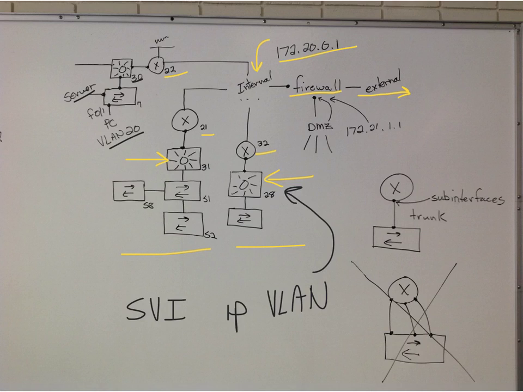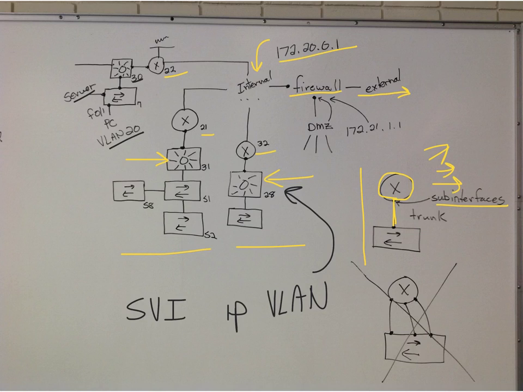Okay, so this whole idea over here, this is the old legacy idea where you had a router and you had sub interfaces, and then you had a trunk here connected to the router. And those sub interfaces would have IP addresses for your VLANs.